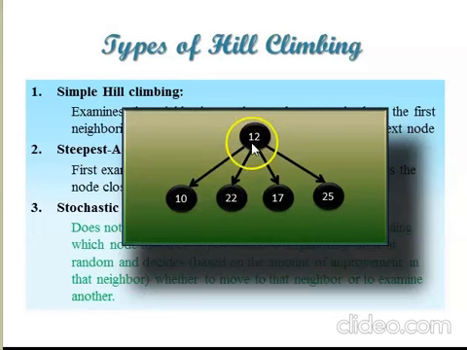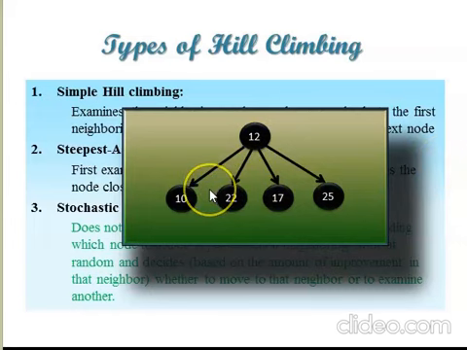It randomly checks a node. If we get it as 10, it will not be taken into account because 10 is not a better value. It takes another value. Let it be 17. It is a better one. So this will be made as the new current node. Or else if the random check was 22, this will be made as the current node.